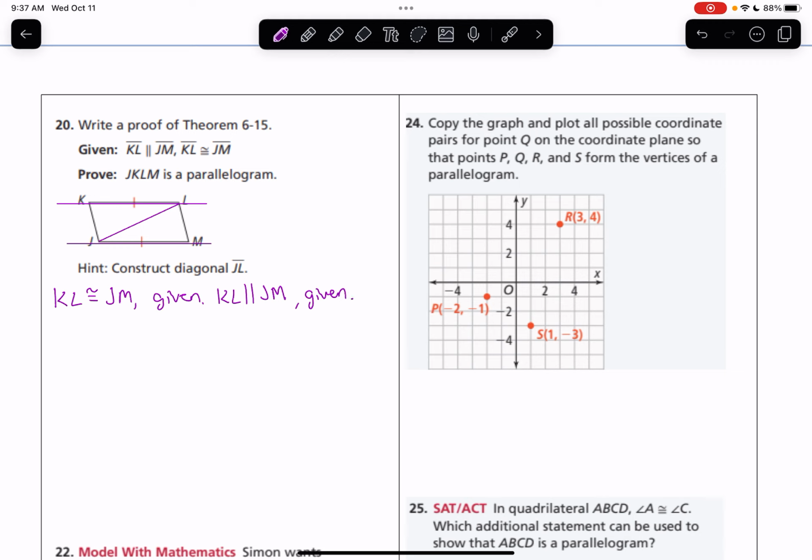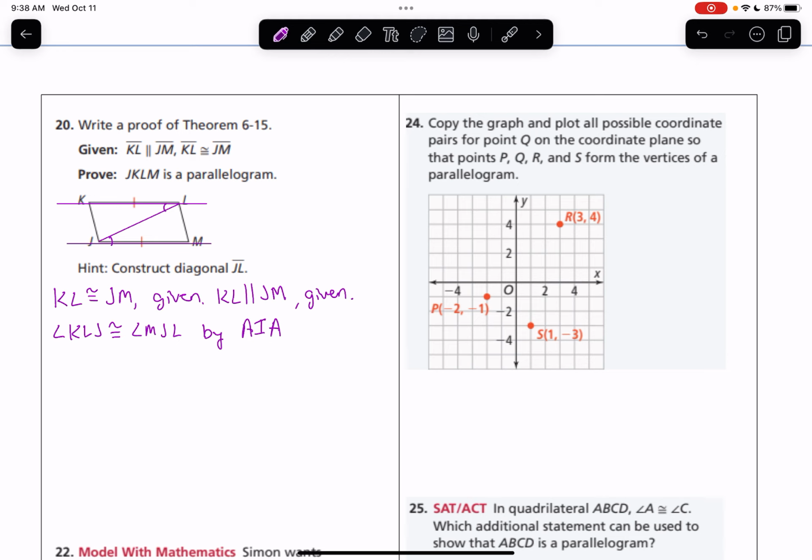And since those two lines are parallel, I know that angle KLJ is congruent to angle MJL by alternate interior angles. I knew that those were going to be congruent.